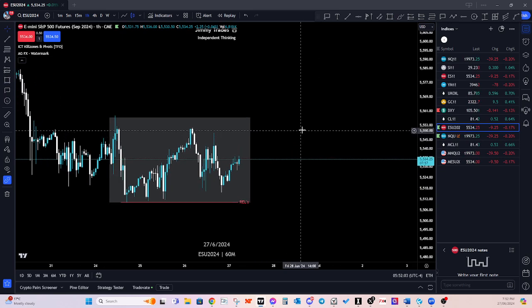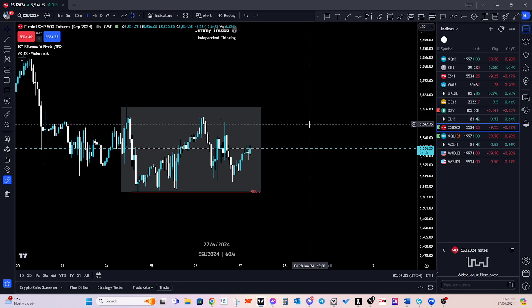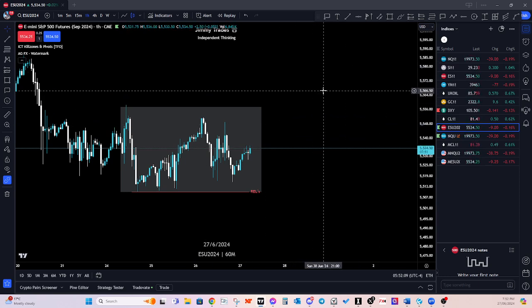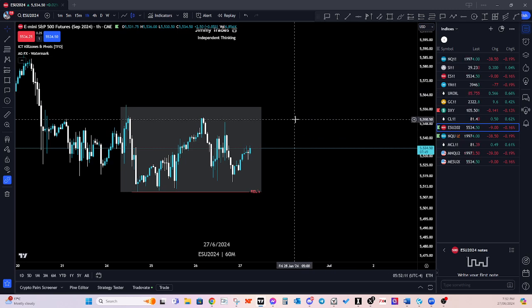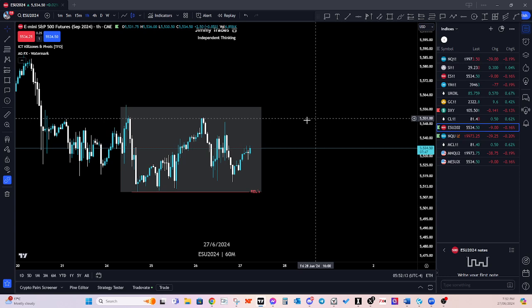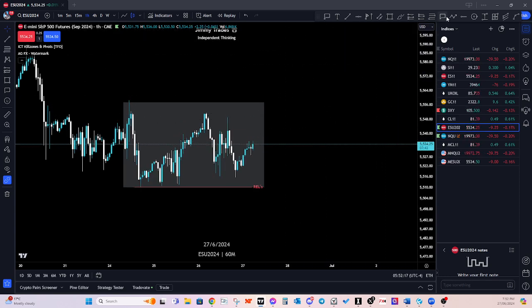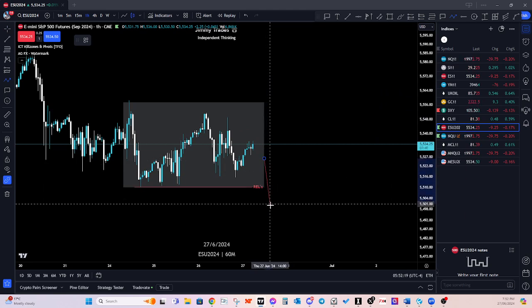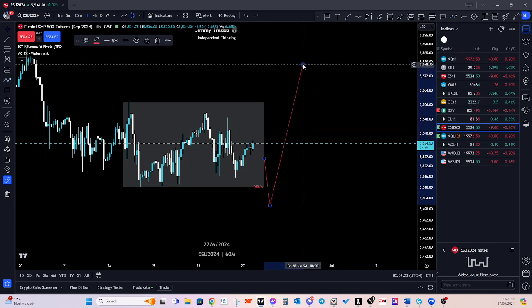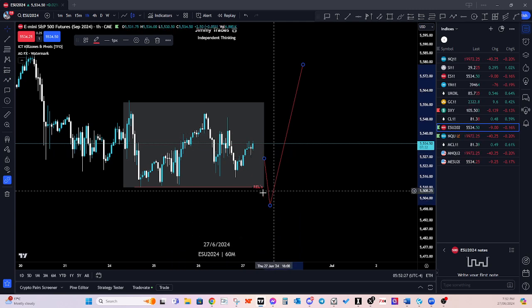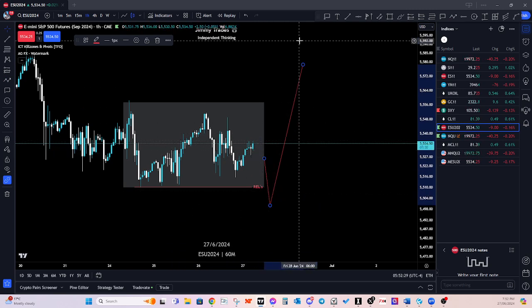So what we may see here with a bullish bias, when news drops, we may see ES come down, take out these lows before moving higher, and that would give us our accumulation, manipulation, and distribution.